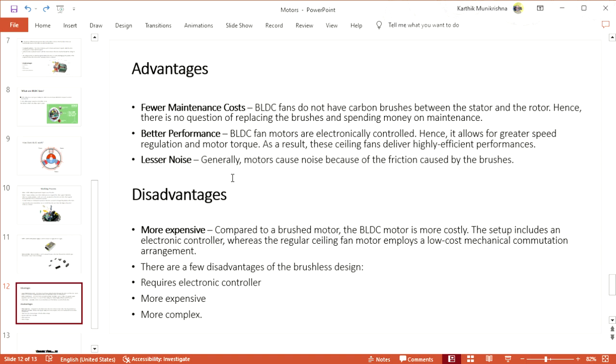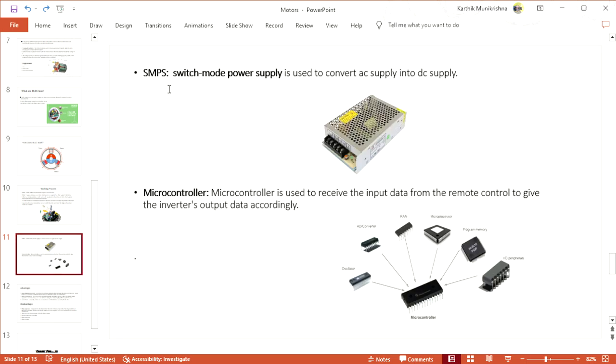Lower maintenance cost, how it applies in the sense that in a BLDC fan there are no carbon brushes we are using, and better performance in the sense that BLDC fan motors are electronically controlled. As I explained here, there is the new technology which I have shown, SMPS and microcontroller.